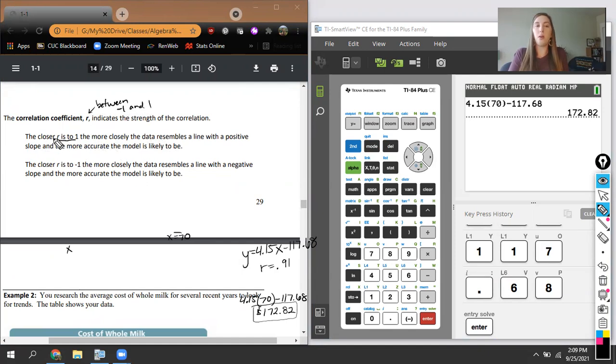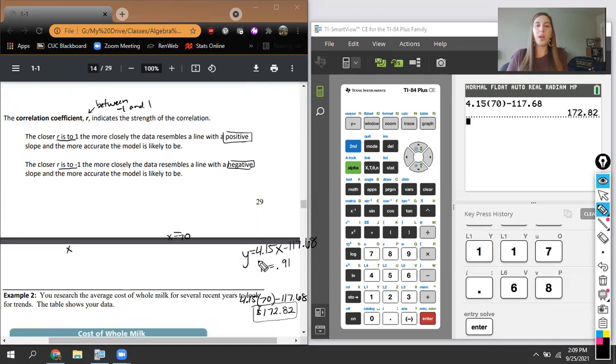If R is close to +1, that means it is a positive correlation, which is very strong. If it is -1, then you have a negative correlation that is also very strong. But if it's in the middle, like 0.4, then it's more of a weak positive, or if it's -0.6, that's going to be a weaker negative line.